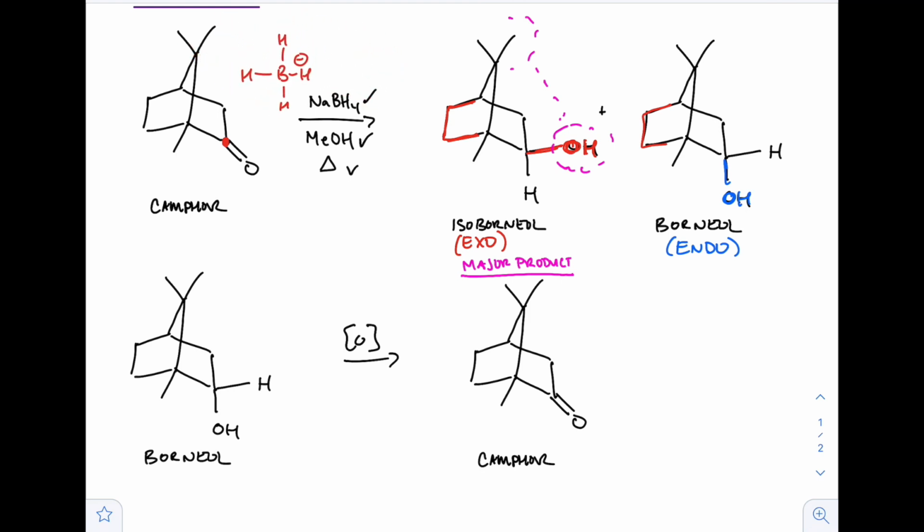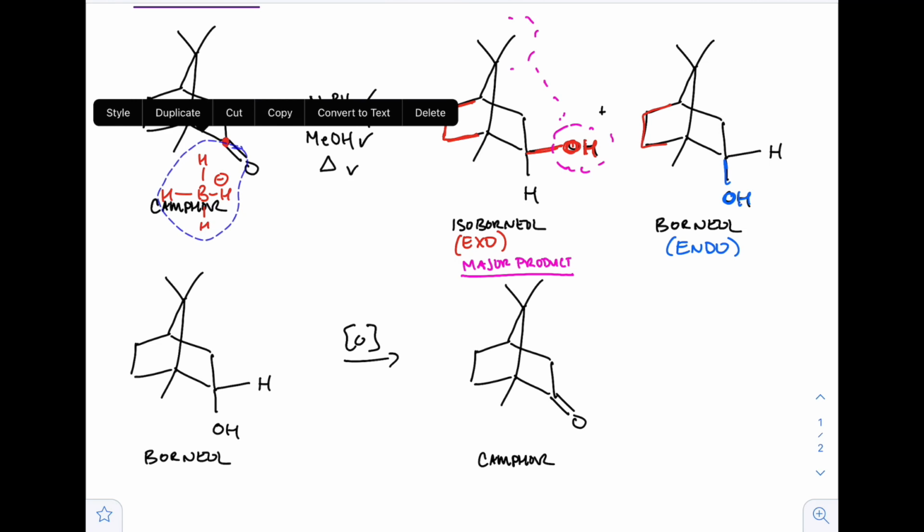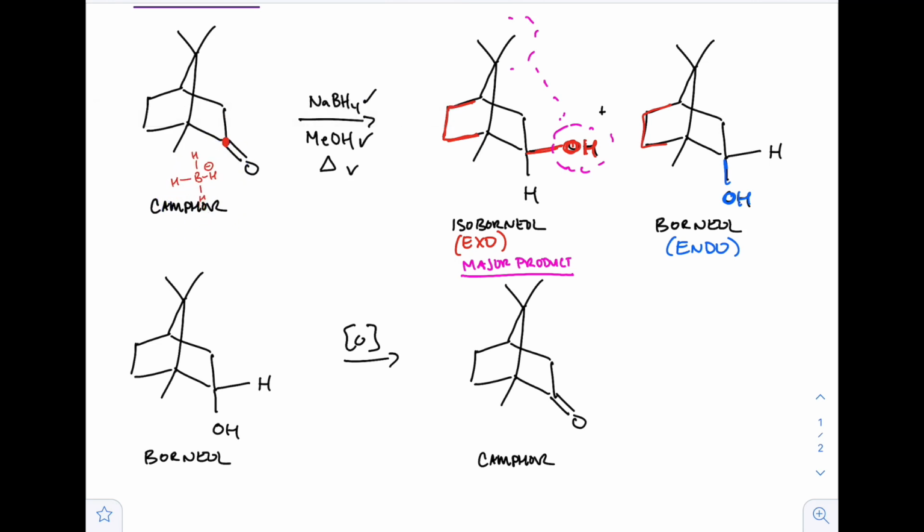If this guy comes from the top, then it's going to be bumping heads with the methyl group, and so it is easier for this BH4 to approach from the bottom, and that's why we end up getting the major product being the exo product, where the sodium borohydride approaches from the bottom, the least sterically hindered approach. Okay, so let me go ahead and make a note of that.